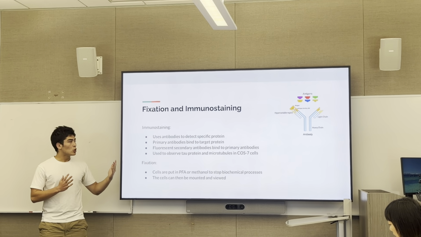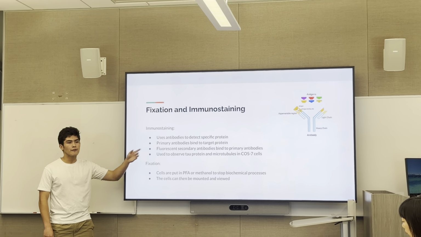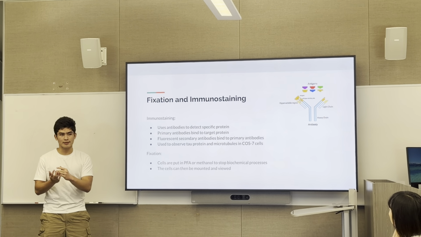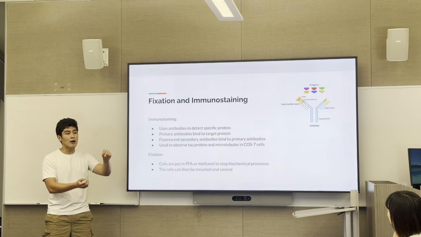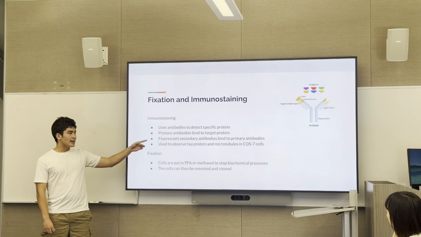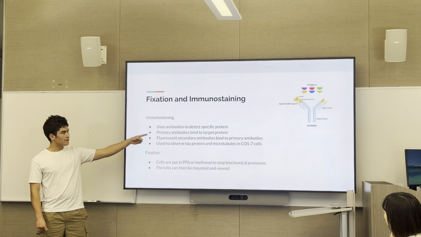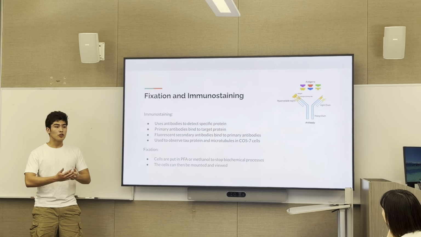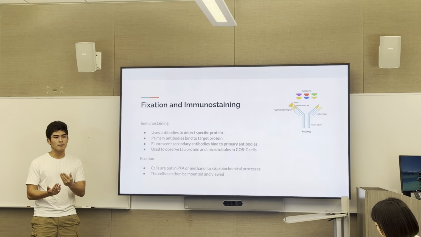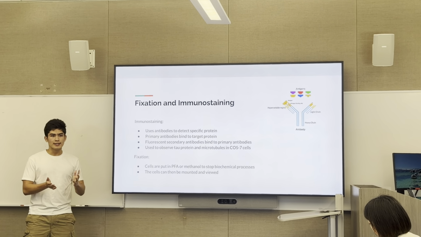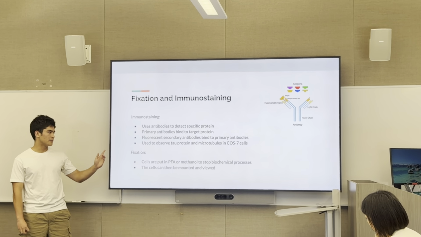So for example, we could get this primary antibody from a mouse, and then a second antibody from a different organism that's searching for mouse antibodies. That way, we can make sure that these second antibodies will only find the primary antibodies. With those fluorescent tags, those proteins will then be visible under a microscope, and we can observe the structure of the microtubules to see the effects of the tau protein.